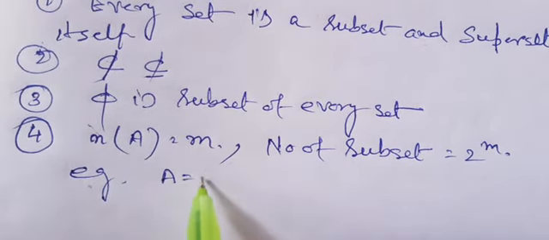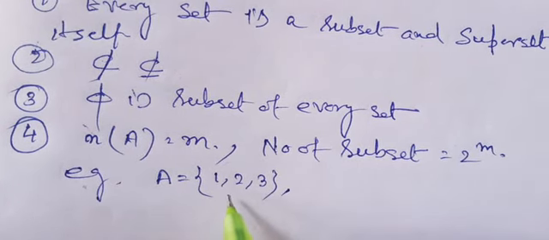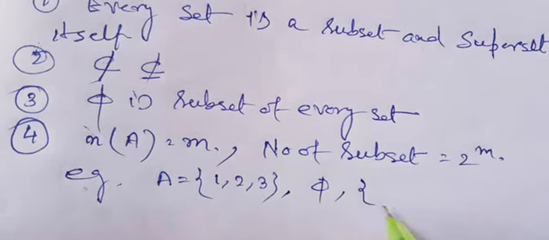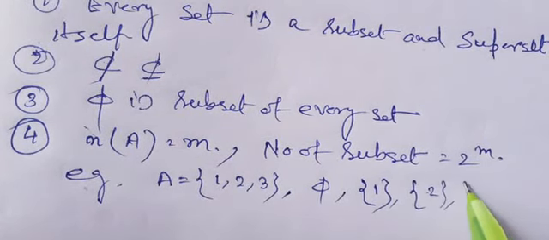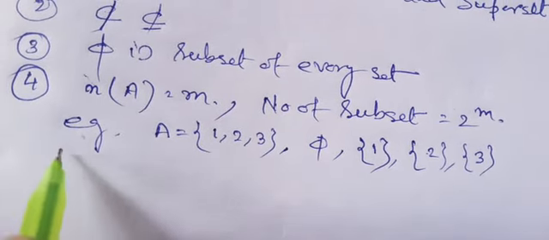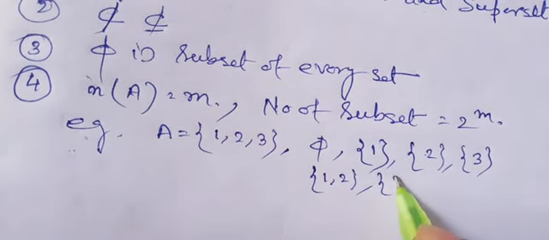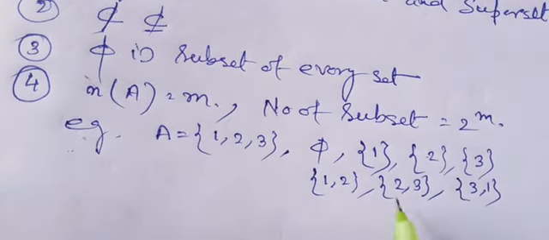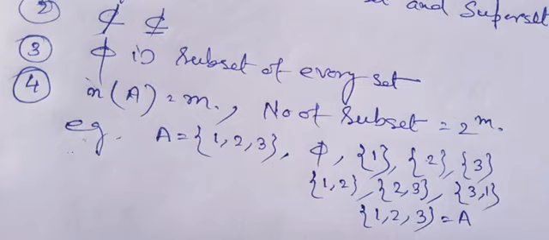Suppose we take A is equal to {1, 2, 3}, and the subsets of A: phi is a subset, {1}, next {2}, next {3}, okay, next {1, 2}, next {2, 3}, next {3, 1}, and lastly {1, 2, 3}, which is equal to A itself.